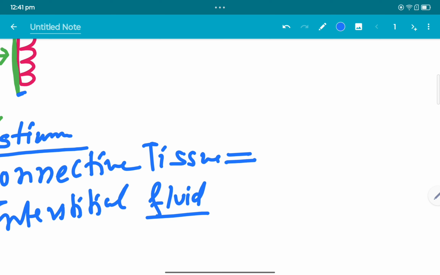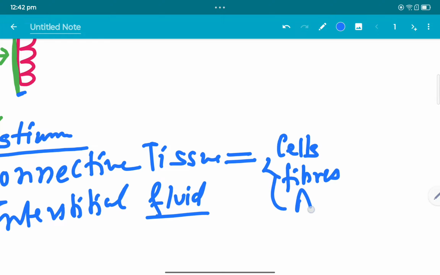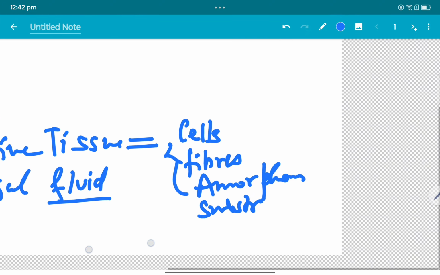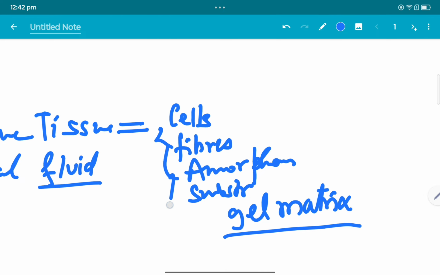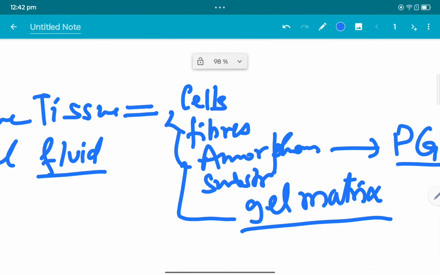In the connective tissue, we have cells, fibers, amorphous substance, and gel matrix. In the amorphous substance, you have proteoglycans. Okay, these are proteoglycans, not prostaglandins, it's proteoglycans.